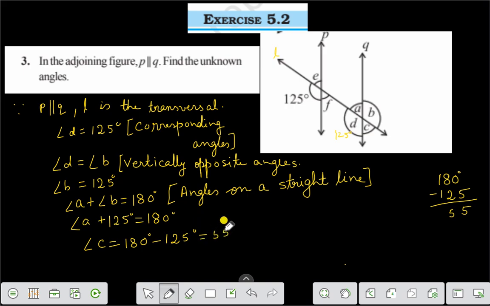That is angle C is equal to 55 degree, right? And this angle A is 55 degree, therefore angle C will also be 55 degree because they are vertically opposite angles.